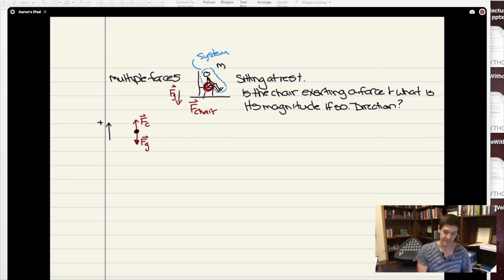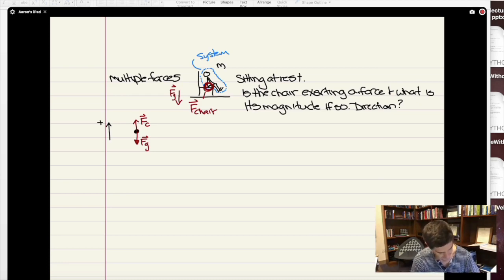Gravity is trying to pull me down, but I'm clearly not going down to the ground, so I might imagine that there's something balancing me off. Suppose you guessed incorrectly. Suppose you thought that the chair also pointed downward. As long as you're careful with your coordinate system and your math, the math will fix it for you. You'll just end up getting an answer that has the opposite sign as what you expected, which just shows you drew the vector in the wrong direction.